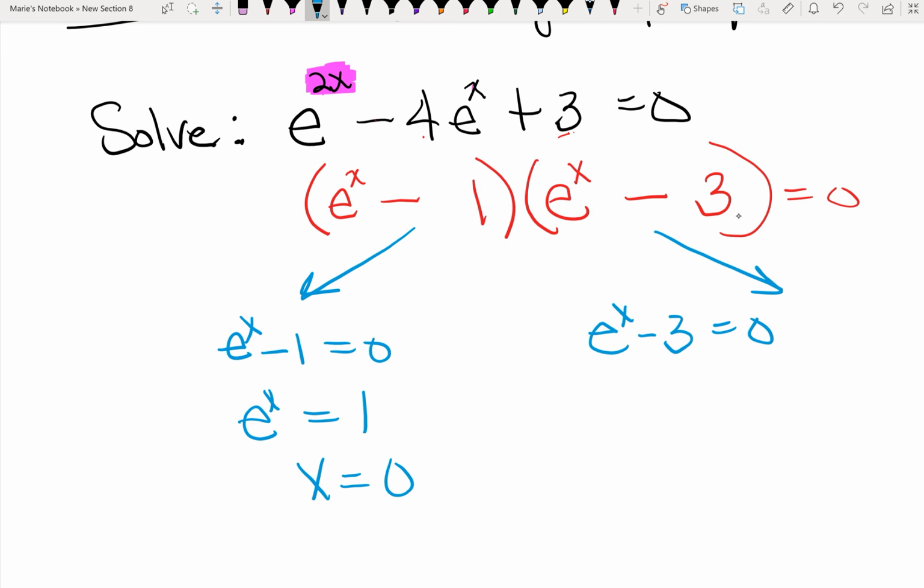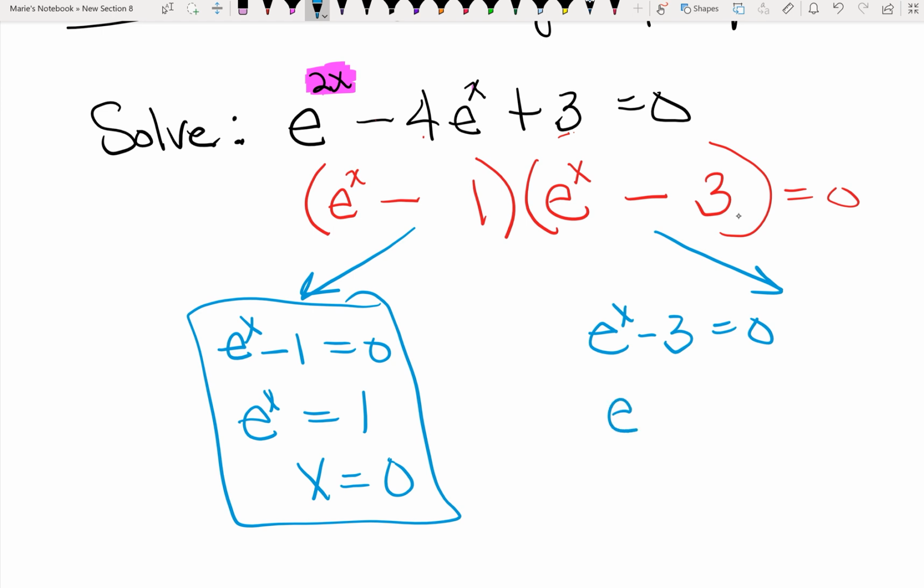We know this because you have to understand the behavior of 0 with respect to natural log. You'll see what I mean. So this is always going to be this answer. So you can just record it in your brain as a rule. Now here I'm left with e to the x is equal to 3. Notice I left a little space.